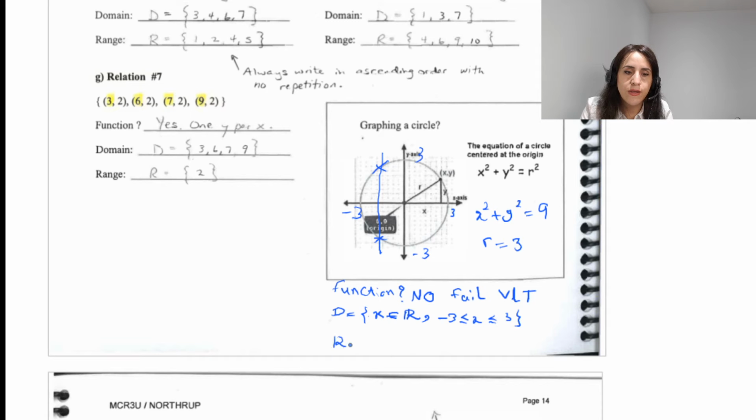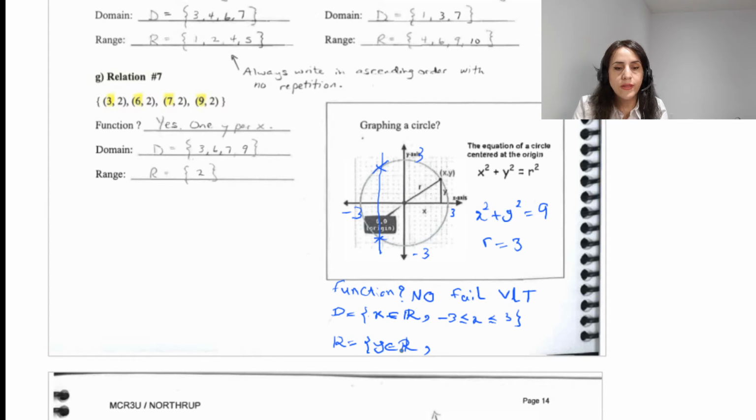Let's go for range here. Again, for the range, I choose to write it as real numbers because I have negatives, I have positives, I have decimal places and fractions.